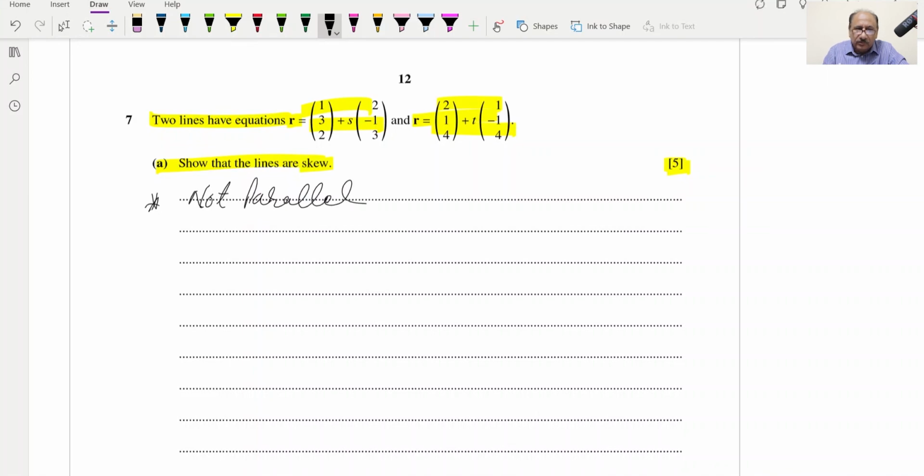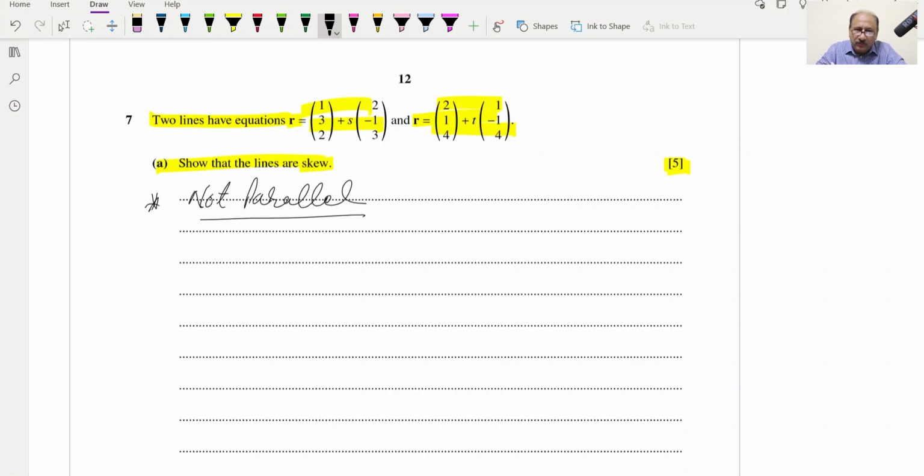The second thing we will show is that they are not meeting each other. So first one, not parallel, this is what we have to show.